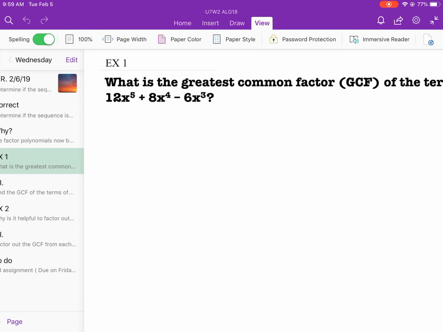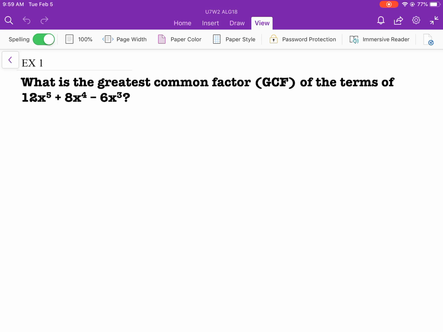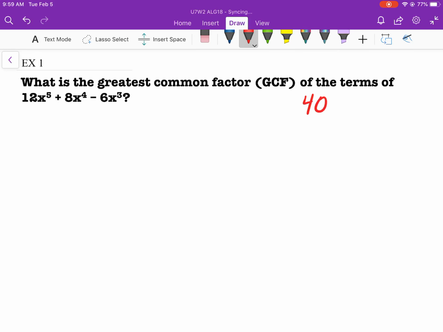Here is example 1. So we're talking about greatest common factor of polynomials. So think about the greatest common factor of two numbers. Like if you had 40 and 30, the greatest common factor would be 10, because it's the largest number that can go into both 40 and 30.